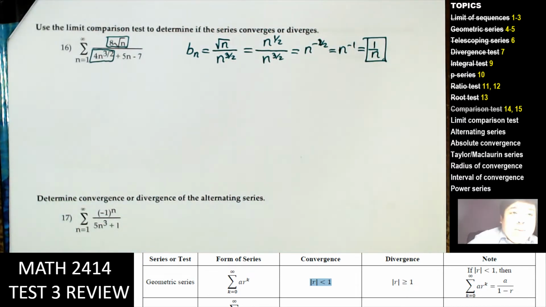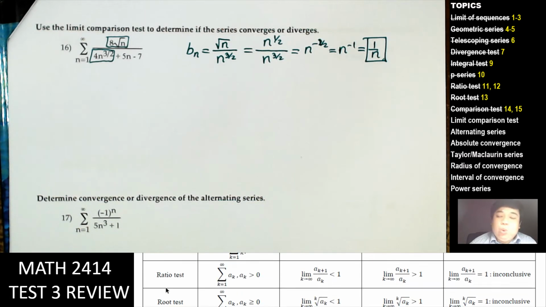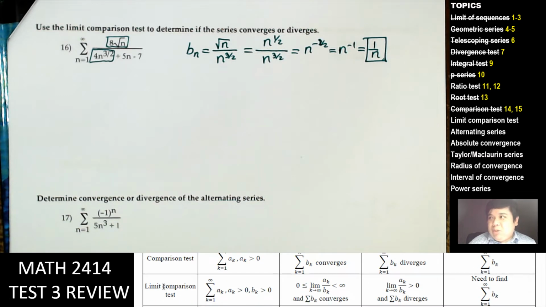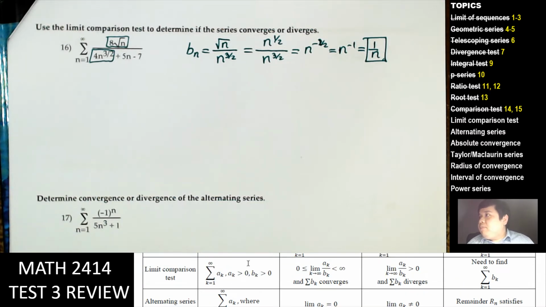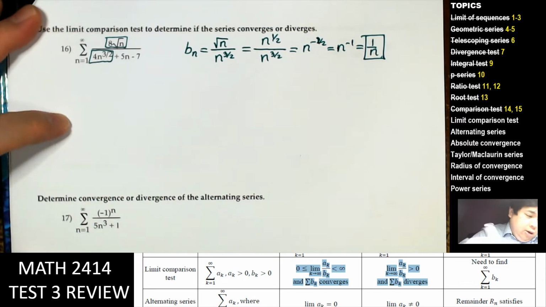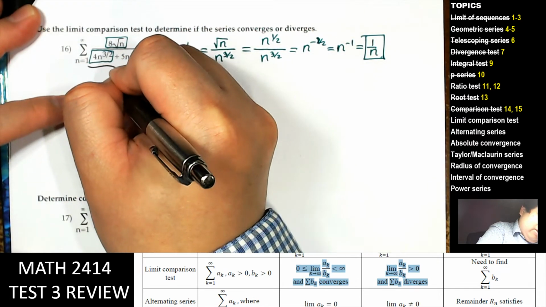This time we use the limit comparison test. So we're going to take the limit of the ratio of these two series, or sequences, if you will. Let's focus here. First, let this be a sub n.